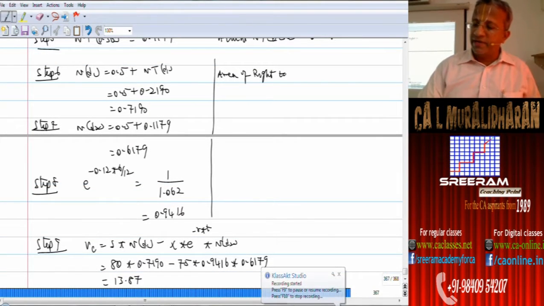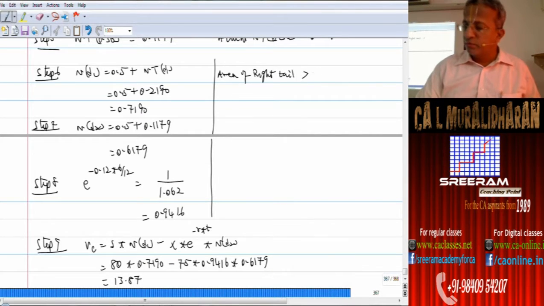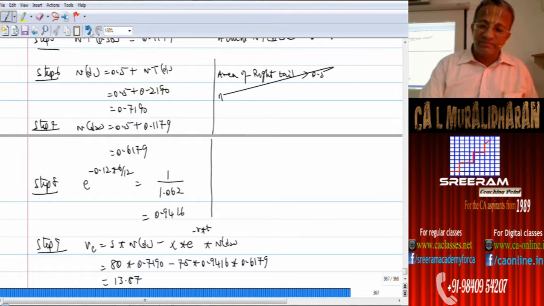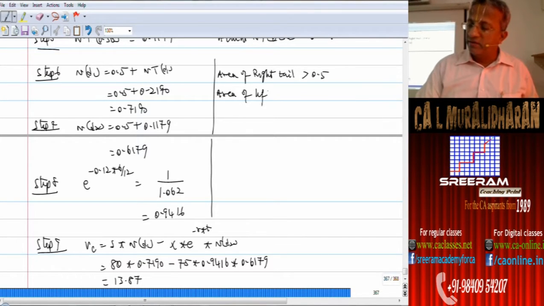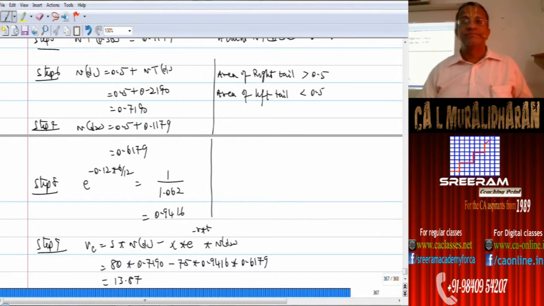Area of right tail will be greater than 0.5. Area of left tail will be less than 0.5.